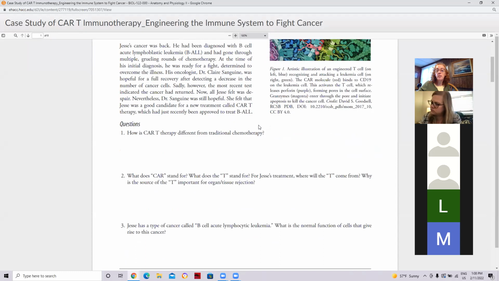Let me ask another question. What part of the immune system are they part of? Generally speaking, what part do we think that they're part of? We talked about two different types of immunity. What part were T cells part of? Adaptive. Adaptive. So what does that mean?